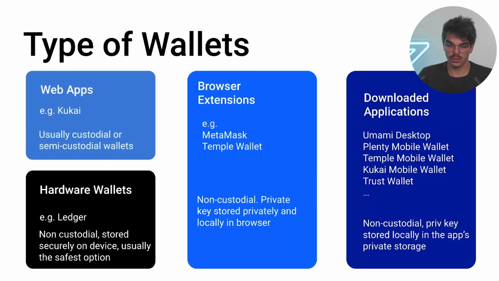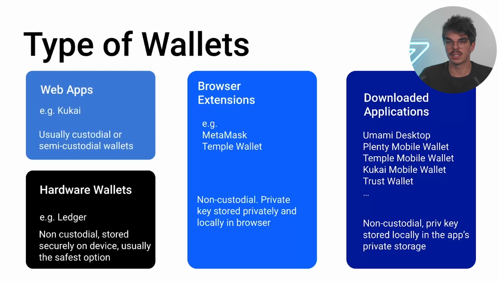And then the other 2 broad categories of wallets are browser extensions. MetaMask is quite a famous one. Temple Wallet is another very popular one within the Tezos ecosystem. They're non-custodial, and the private key is stored within your browser. So if someone got access to your browser, then they would have access to your account.